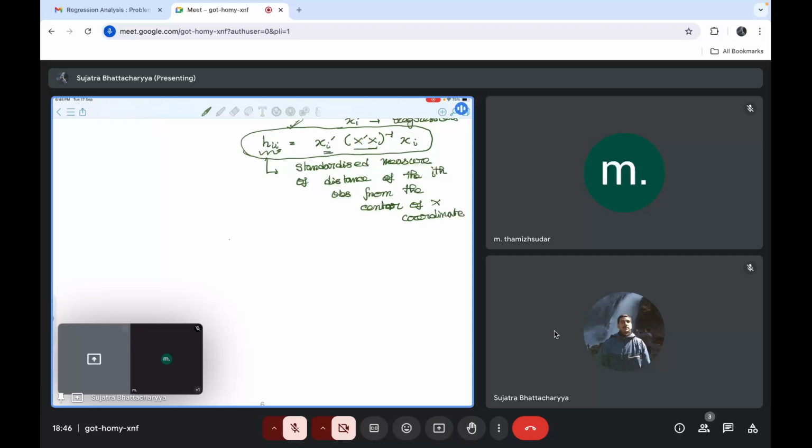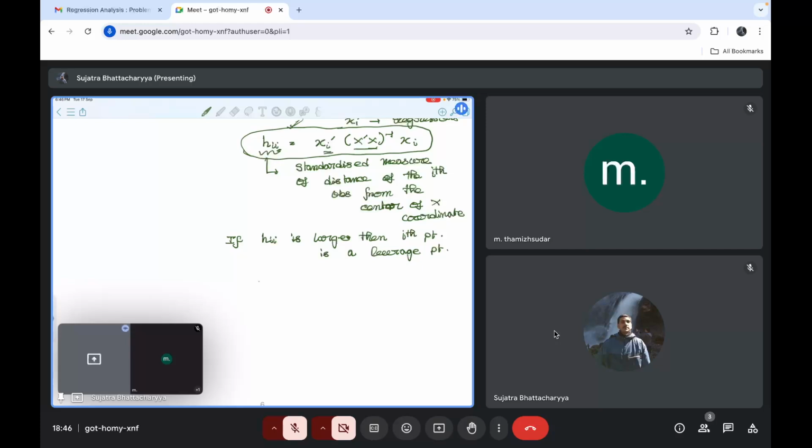Now, the criteria is that if your HII is large, then the ith point is the leverage point. We have seen that. But we don't know the proper criteria. How large is that large where we will consider that to be a leverage point?